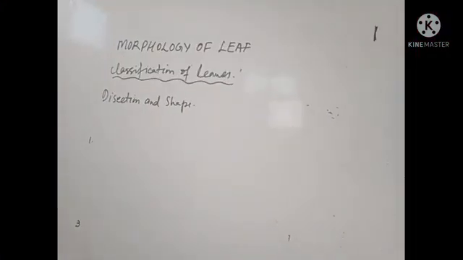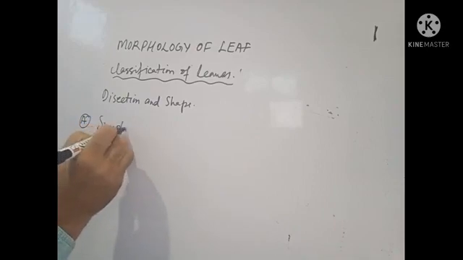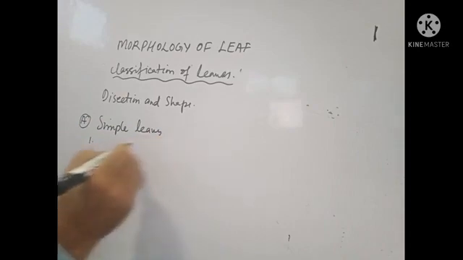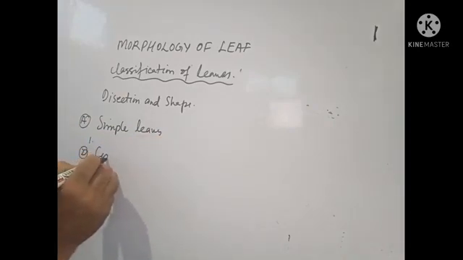On the basis of dissection in shape, leaves are divided into two kinds: simple leaves and compound leaves.